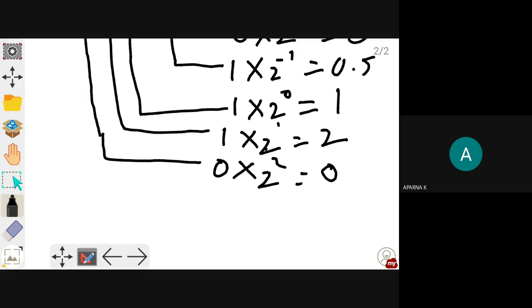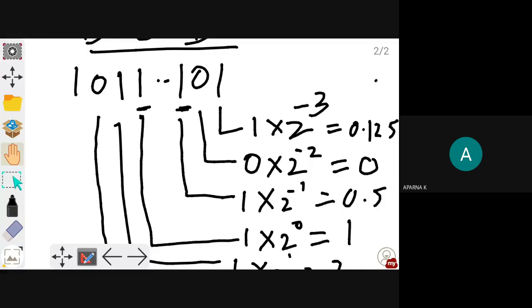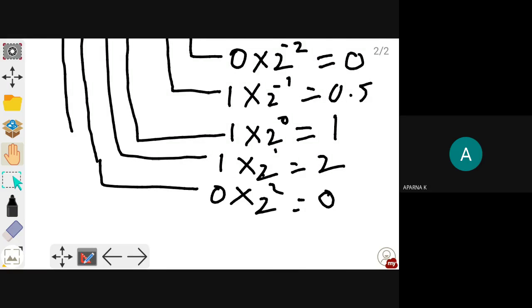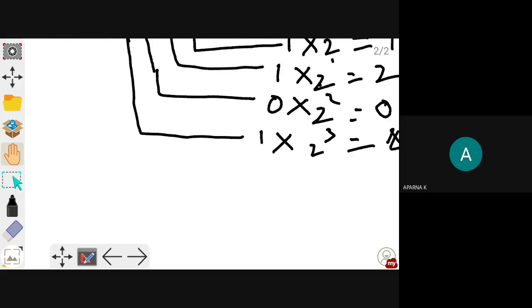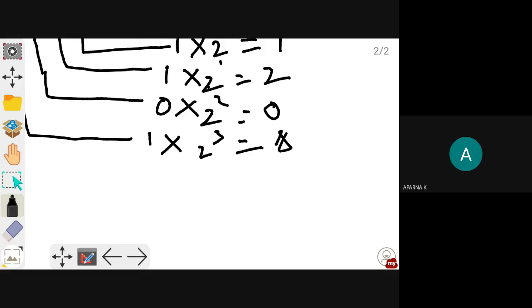And the next one is 1 into 2 power 3. So 2 power 3 is 8. So add all this thing. So you get 11.625. So that is your decimal value.